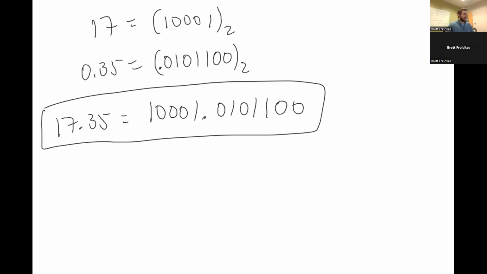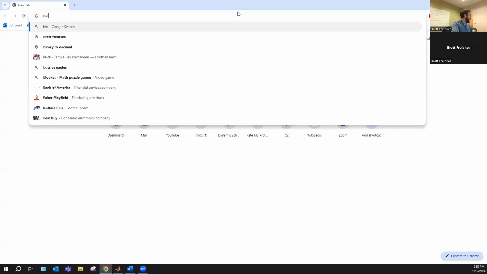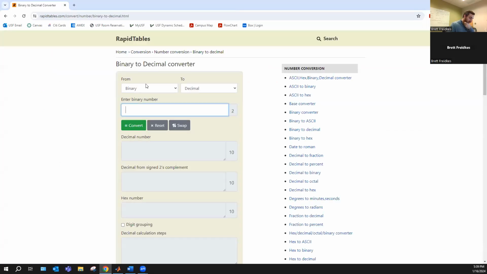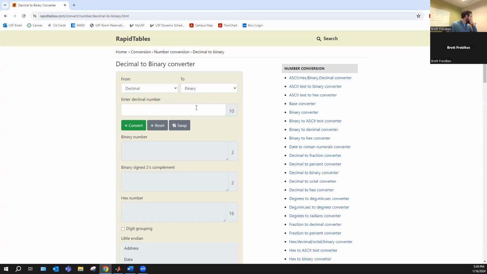So I'm going to stop sharing. How do I stop sharing? I stop sharing over here. And I'm going to share my screen here now. Let's do a decimal to binary converter. And let's go ahead and enter in our number, which was in decimal. I'm going to convert that to binary: 17.35.